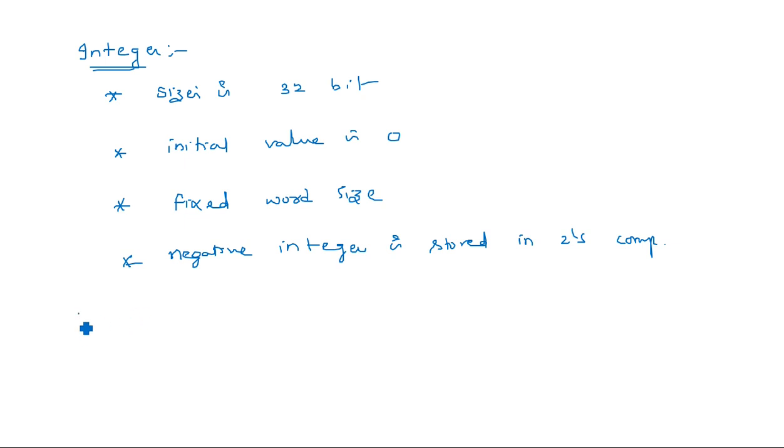And coming to real. Real has a size of 64 bit, double precision, nothing but 64 bit. Single precision means 32 bit. Here it is double precision, nothing but 64 bit.